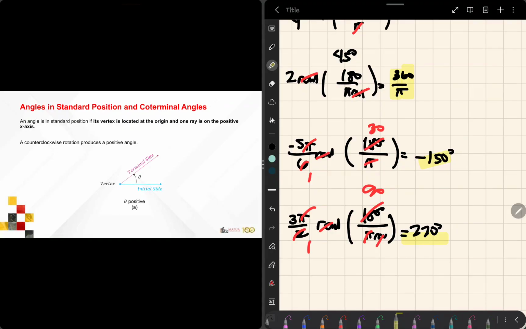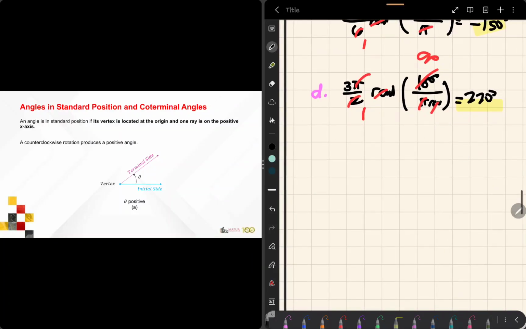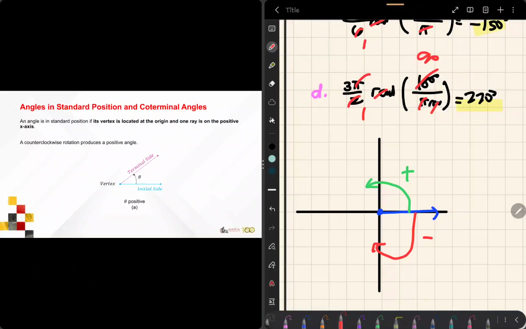So if we have a Cartesian plane, the x and y axis, it is in standard position if our angle starts from the vertex and its initial side is on the positive x-axis. If the rotation is counterclockwise, this is positive, and if the rotation is clockwise, this will be negative.